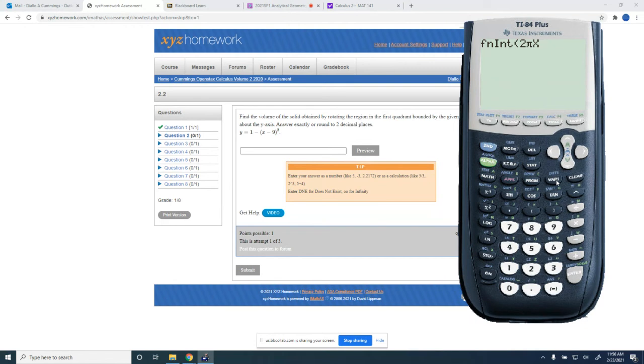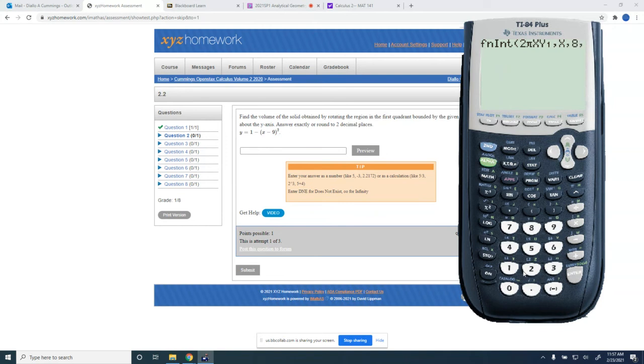Since I have the function stored as y1 on the calculator, I'm going to recall that function by pressing variables. I'm going to scroll over to y variables. We want the function y sub 1, comma, the variable of integration is x.